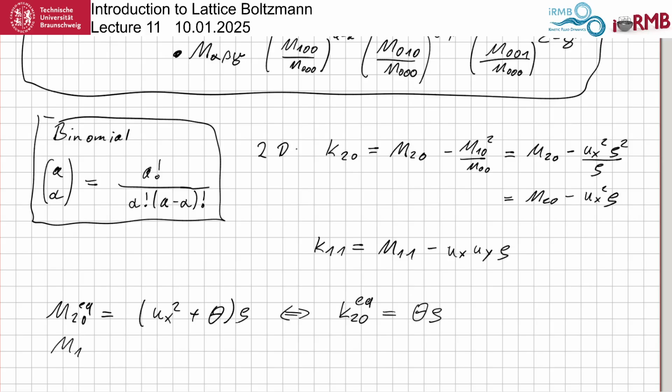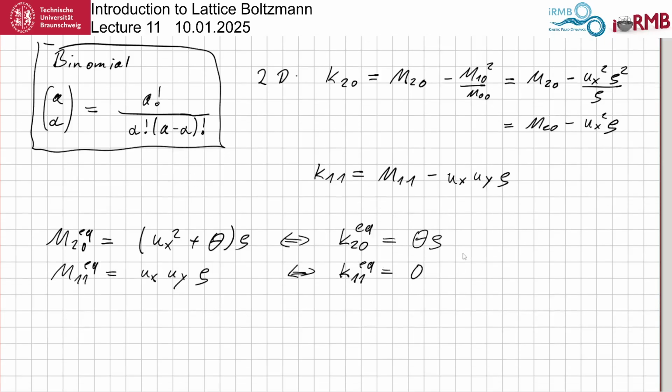So M11 equilibrium is just UX, UY, rho, and then obviously this means for K11 it is 0, right. So as you see, these moments may depend on the density, but their equilibrium never depends on the velocity.